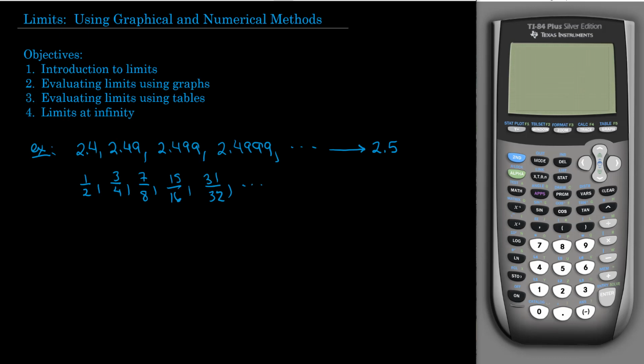Following this pattern, you will never achieve the number that this sequence is headed toward. But the idea of a limit is to ask, where does it look like we're headed? Doesn't mean we'll ever get there, but where does it look like we are headed? Well, if you look at this set of fractions, it looks like we're getting closer and closer to the value of 1.